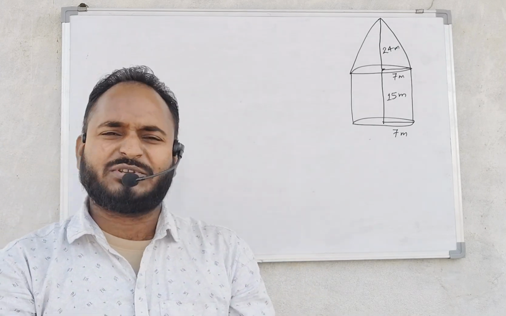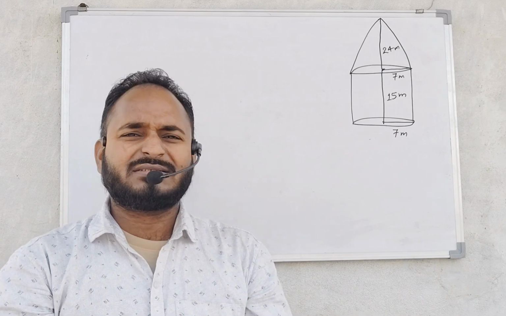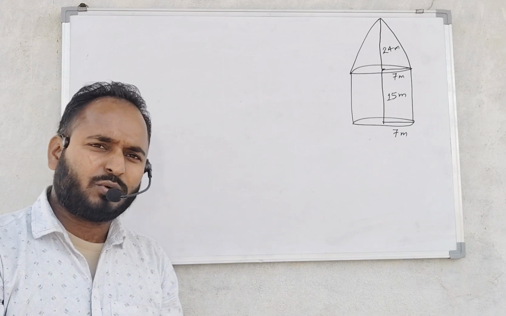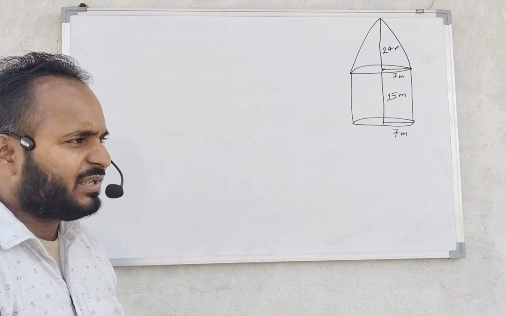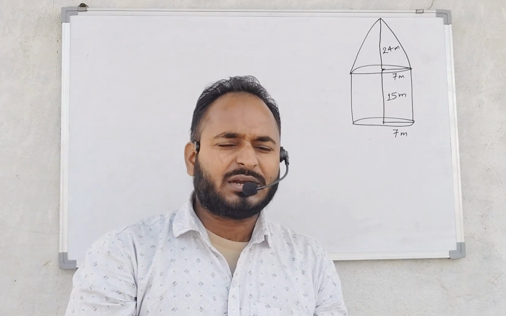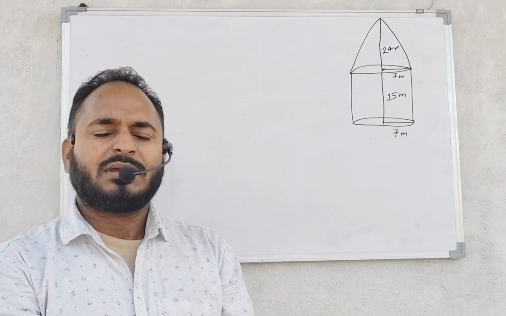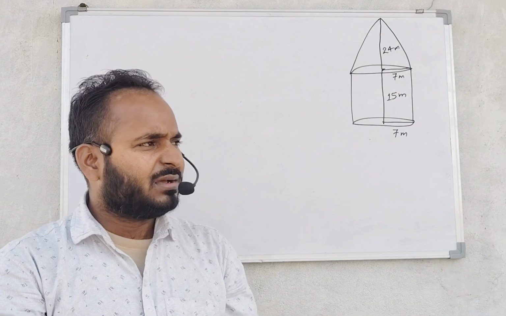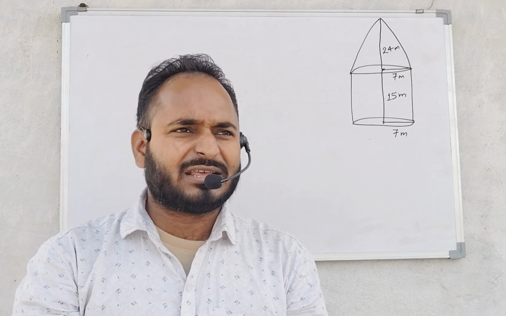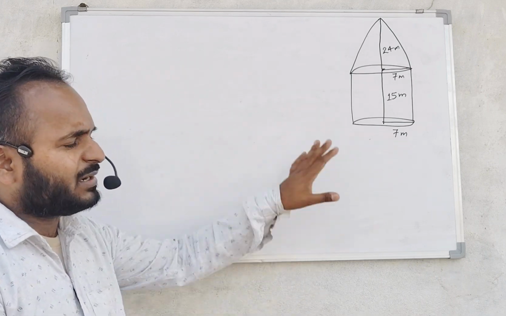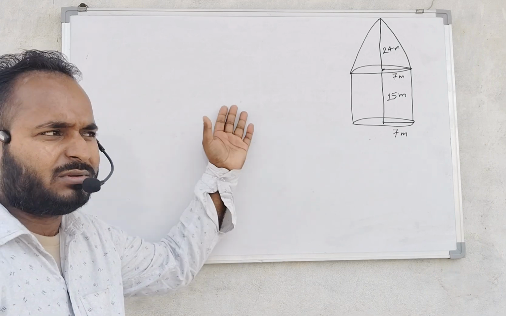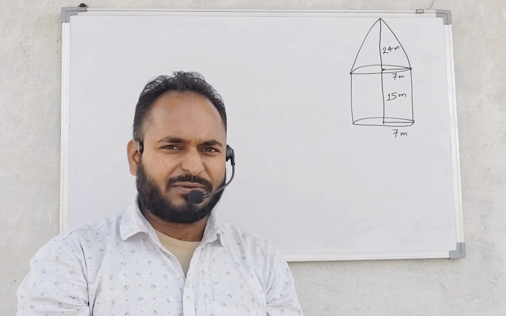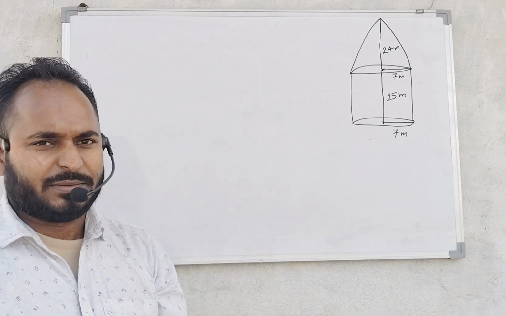Any object that occupies space is a 3D object. Another topic is 2D shape, any shape that is flat, represented as a flat surface, like a triangle and quadrilateral and so on. These are the 2D shapes.